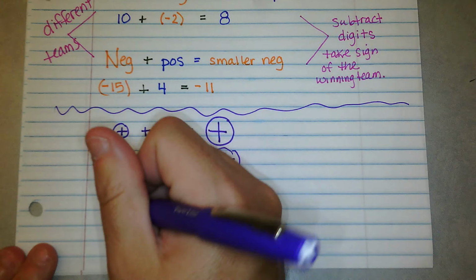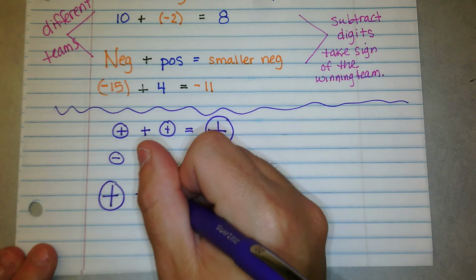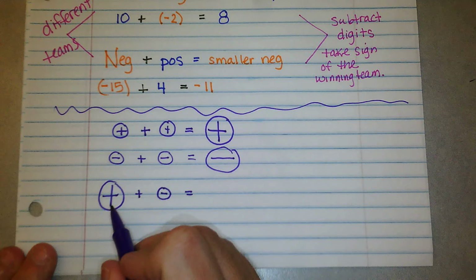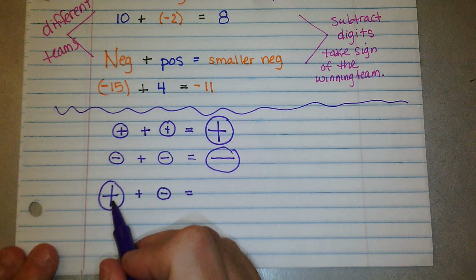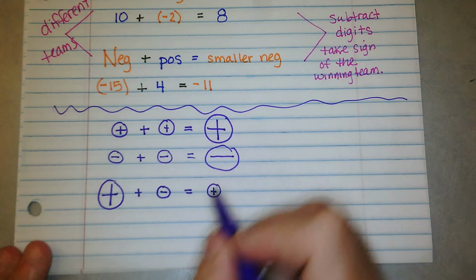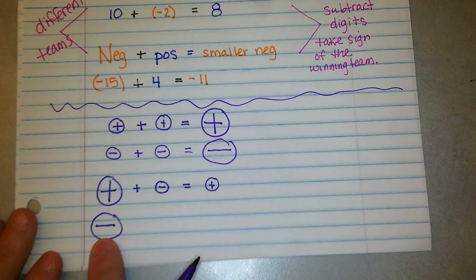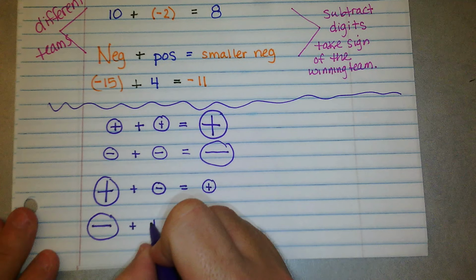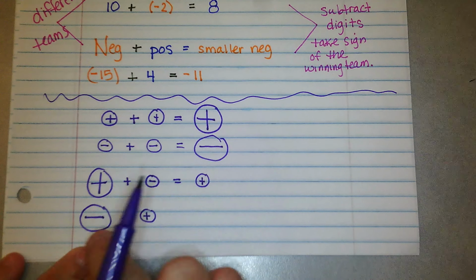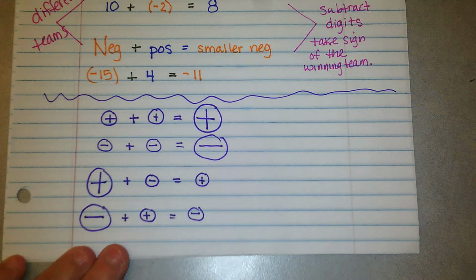If I have a bigger positive and a smaller negative, we're fighting. More positives there, so the positive is going to win, but it's going to be a smaller positive. Whereas if I have a bigger negative and a smaller positive, we're going to fight. The negatives are going to win, but there's going to be less negatives at the end. Okay?